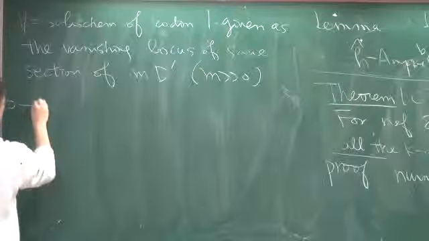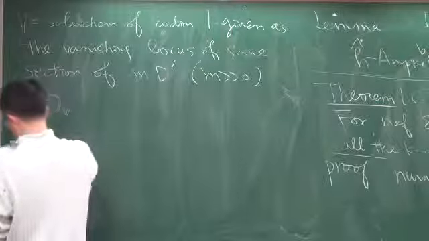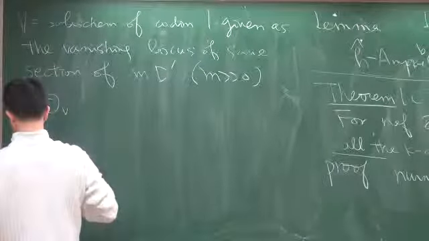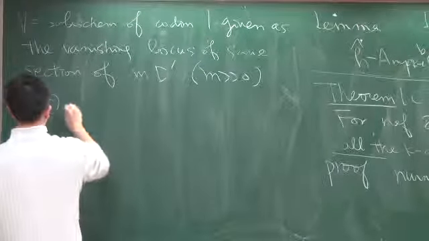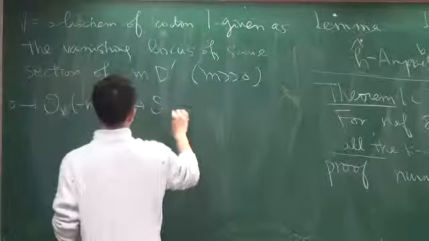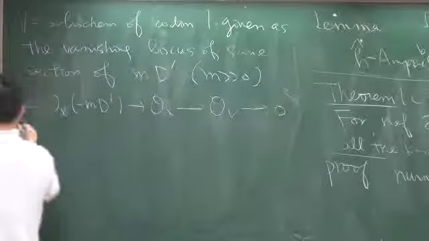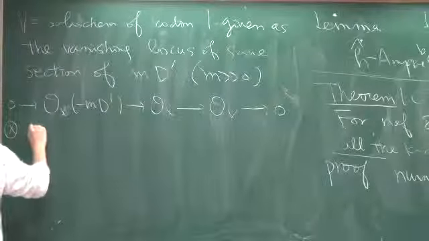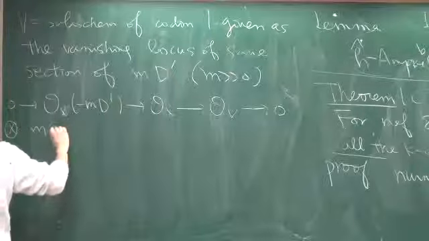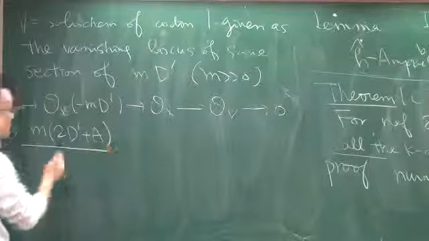Then we have this exact sequence: 0 to O_X(-MD') to O_X to O_B. And you just need to tensor this with M D' + A'. So this is the main part.